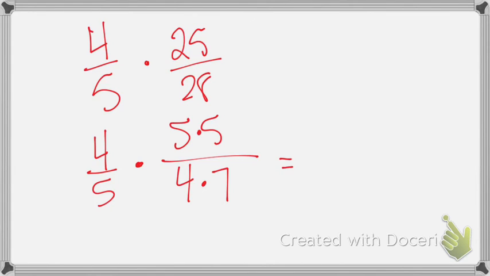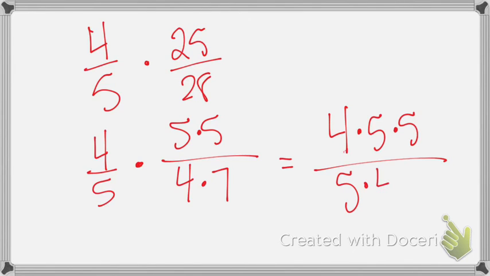So here's where we would squish them. 4 times 5 times 5 over 5 times 4 times 7. And you just mark out the common factors, or the common numbers. So we're marking out a 4, a 4, a 5, and a 5, and I'm just left with 5 over 7.